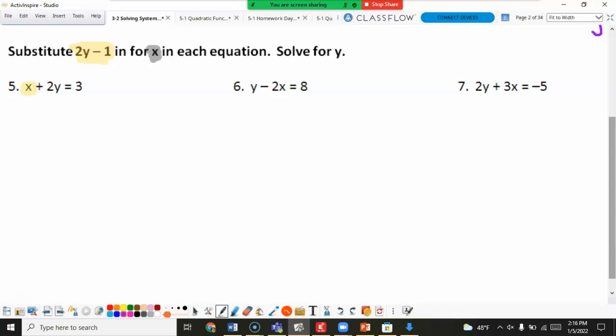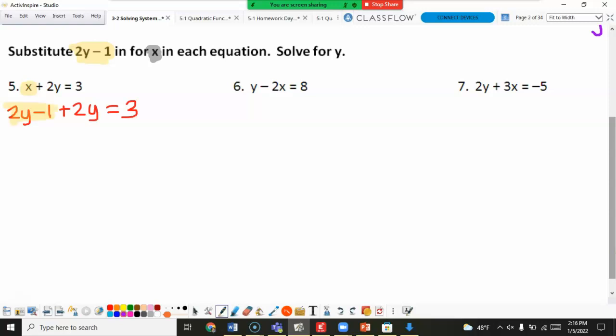So we're going to replace this x with 2y minus 1. So again, where there was an x, we replaced it with 2y minus 1.